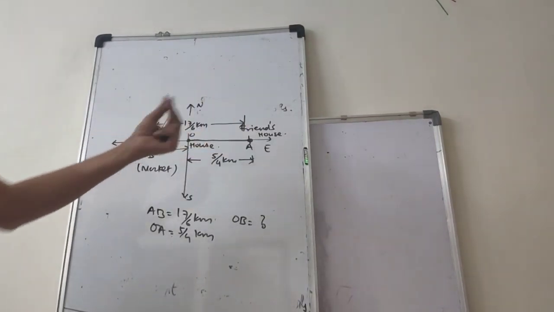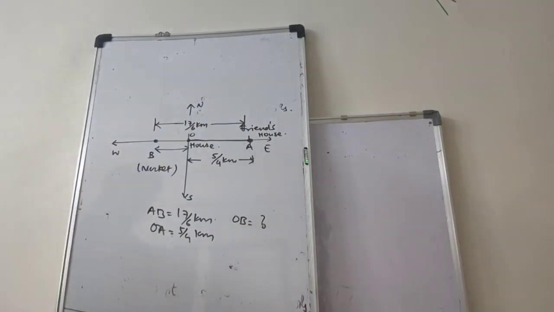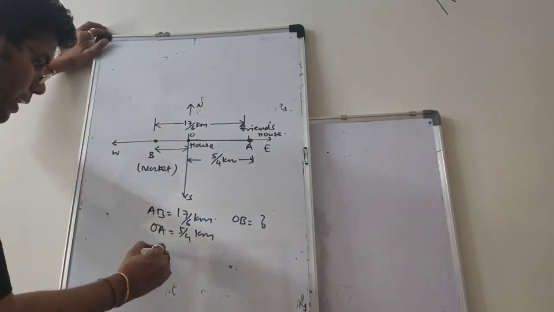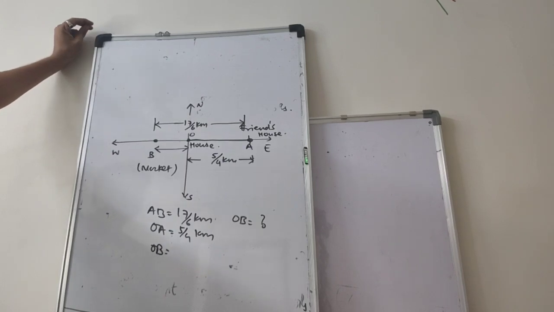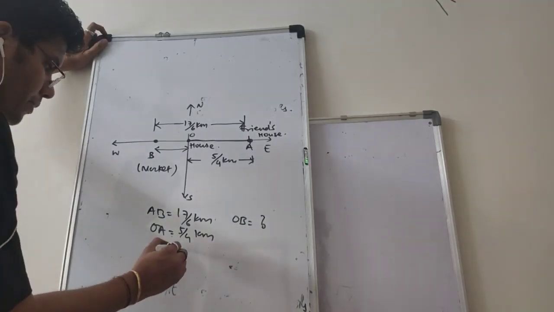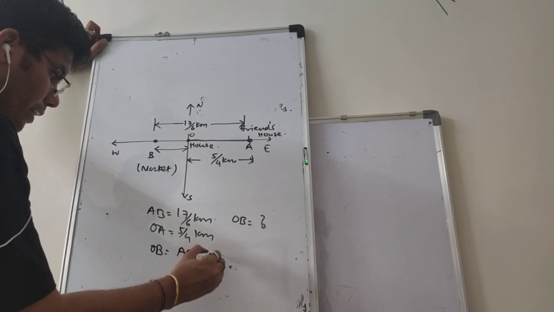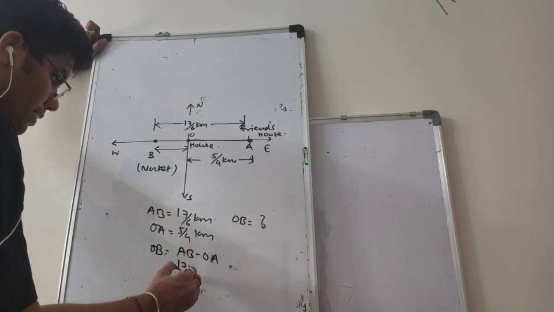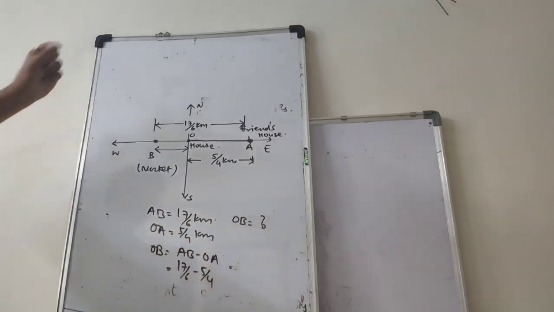OB is the distance of market to the house. So the value of OB is AB minus OA, that is 17/6 minus 5/4.